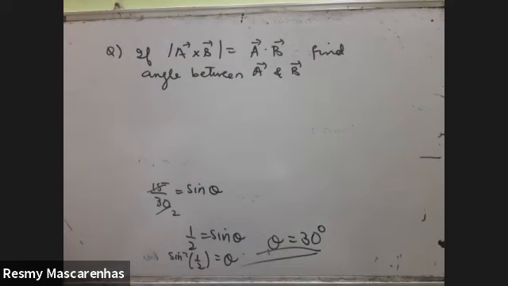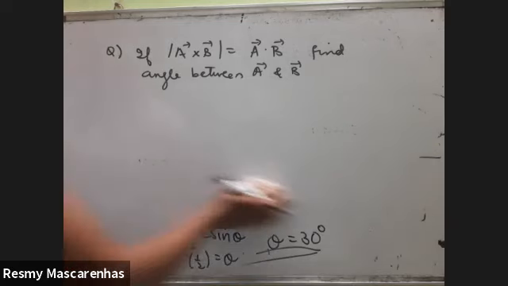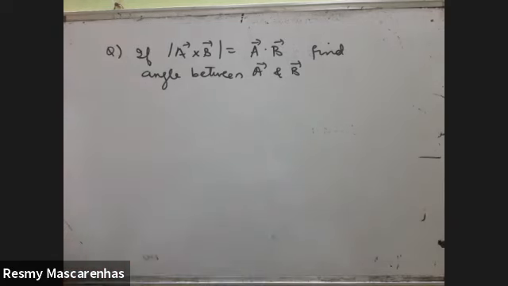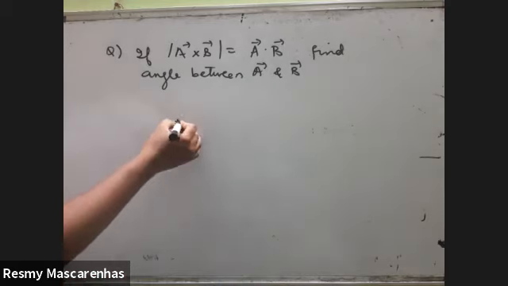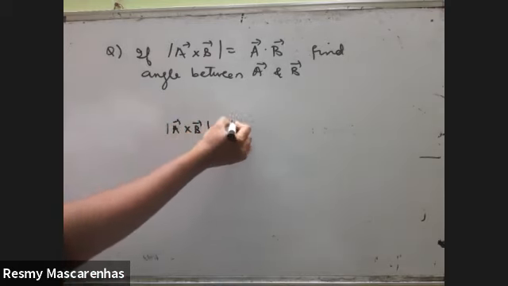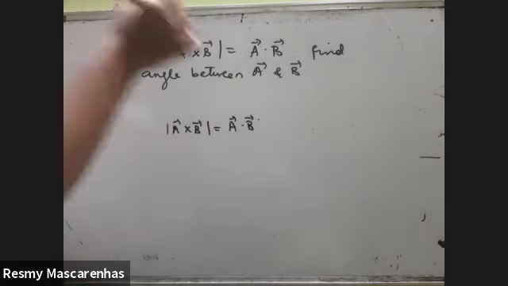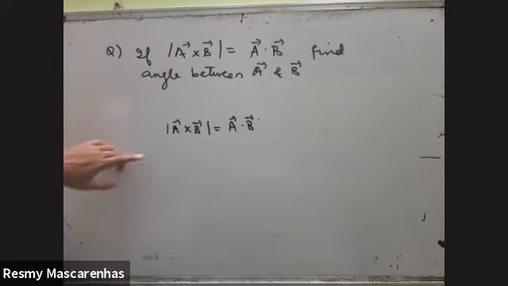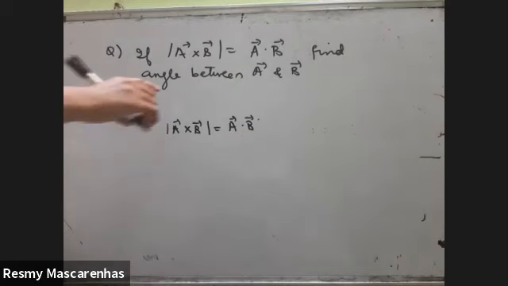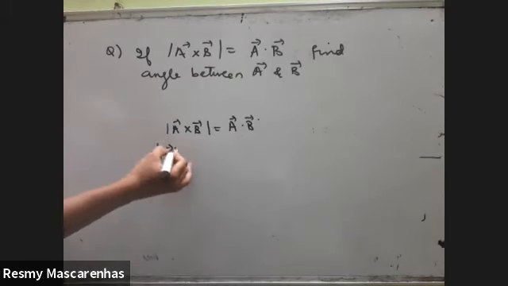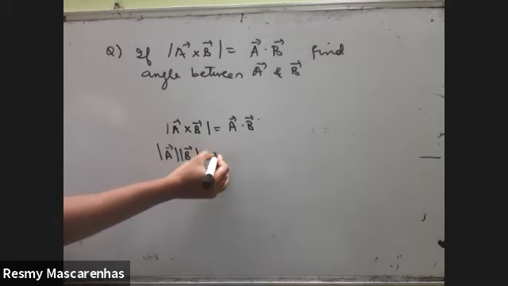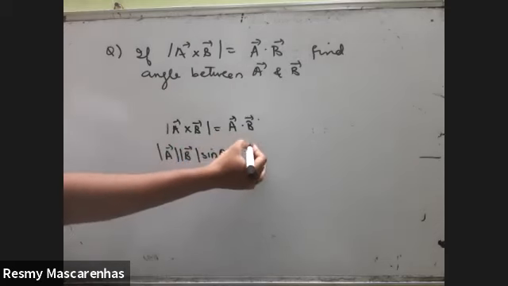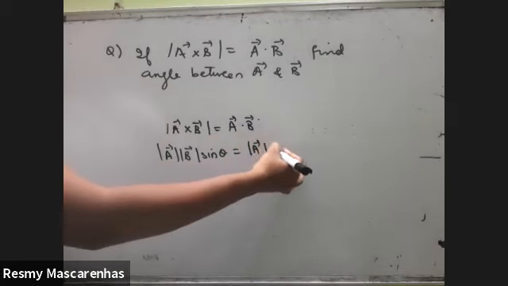Now this is the condition given to us. Just now we have seen what A bar cross B bar is in terms of angle. So this is AB sin theta. And this fellow has AB cos theta.